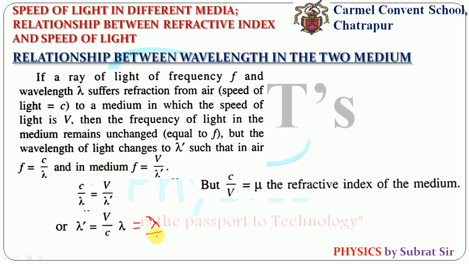So we can write lambda dash is equal to lambda by mu.